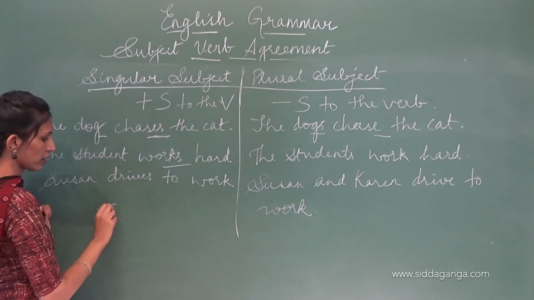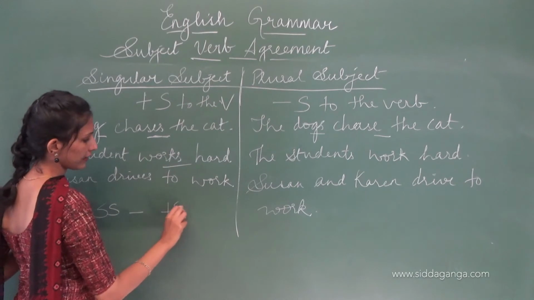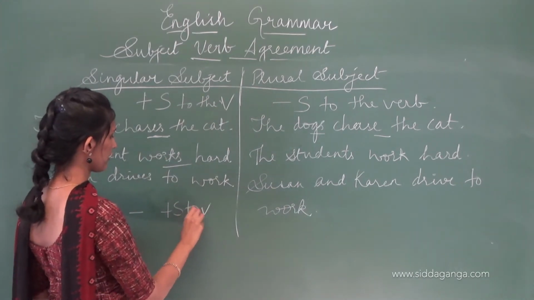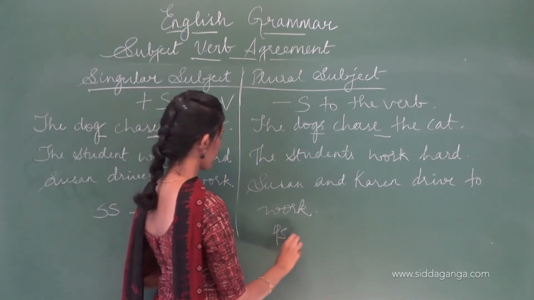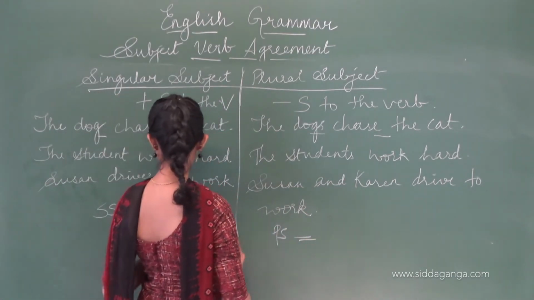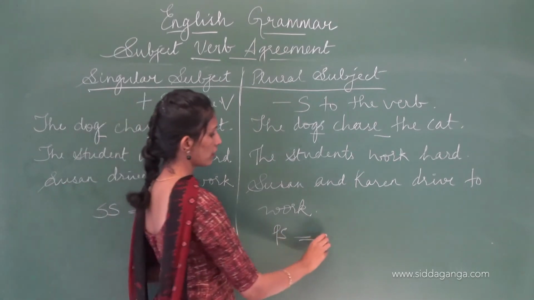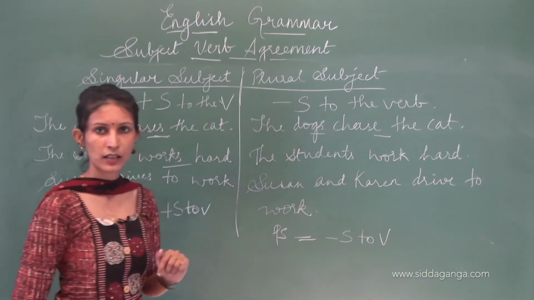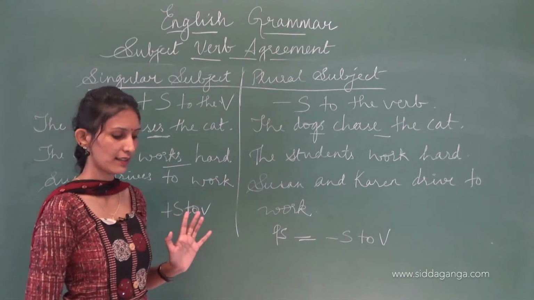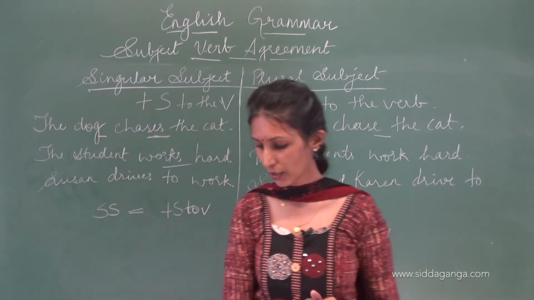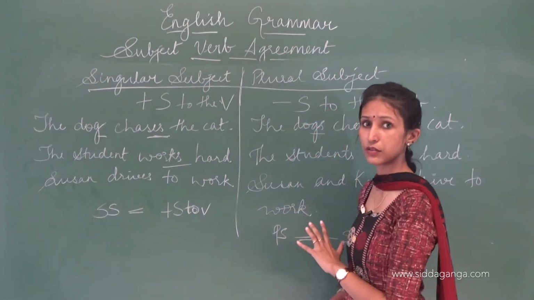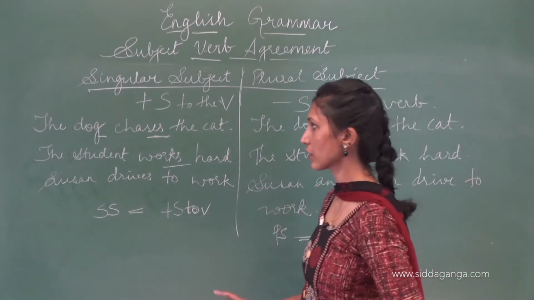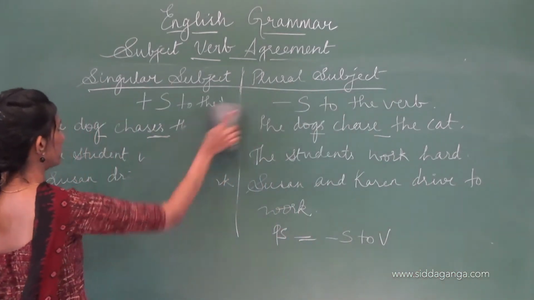Singular subject plus s to v, plural subject meaning minus s to v, that is verb. Okay. Now, few other things that you have to know. This is one way of singular and plural subject that you have to know. Few other things that you have to know. I'll tell that to you and then we'll move ahead.